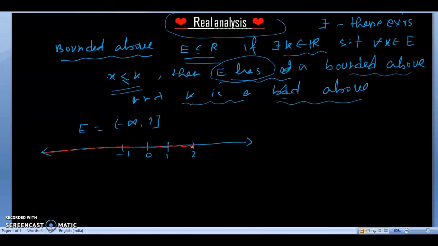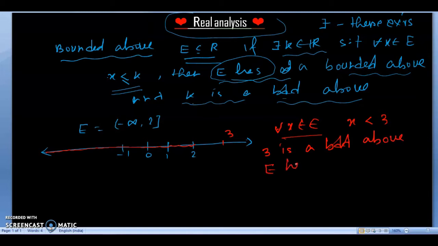Now, if you take any number on the right side of 2, say 3, then for all x belongs to E, each element of E is always less than 3. That's when you can say that 3 is an upper bound, and E is bounded above.